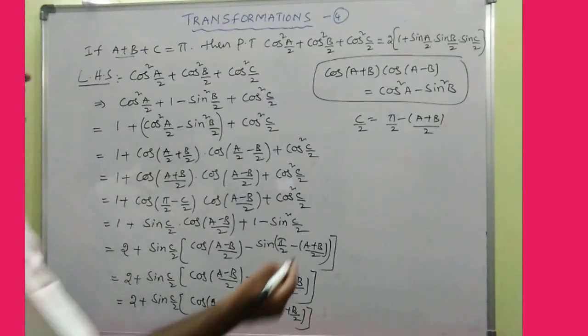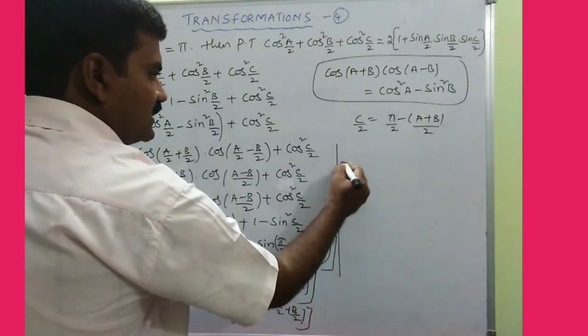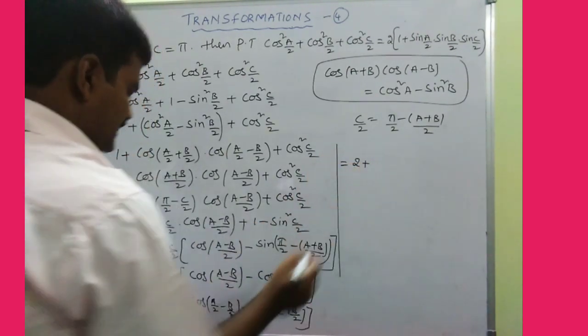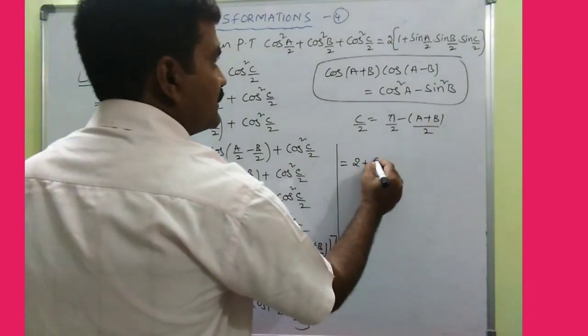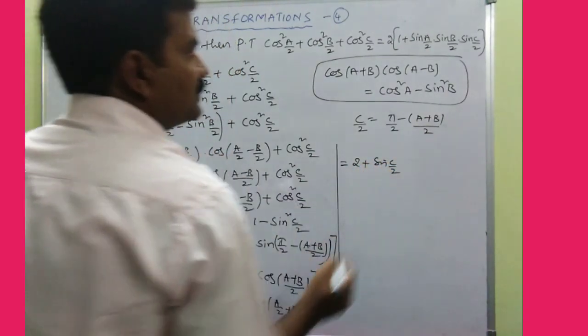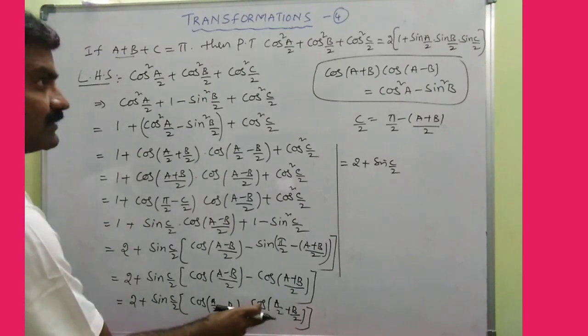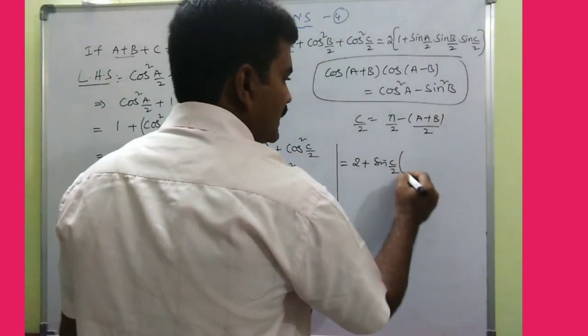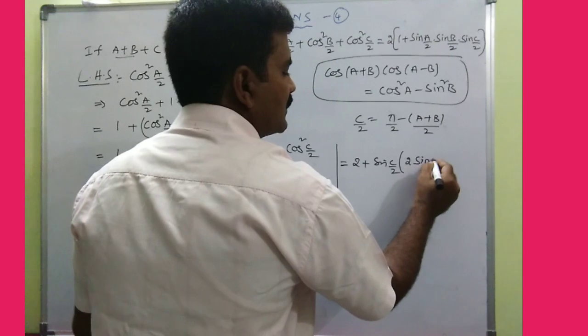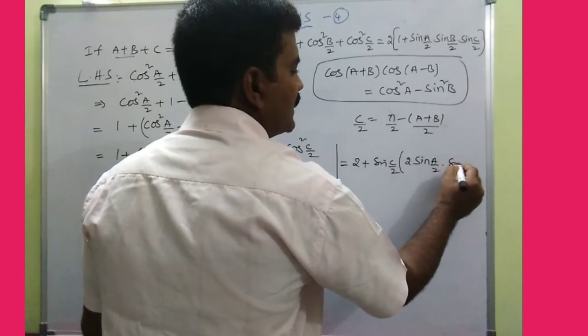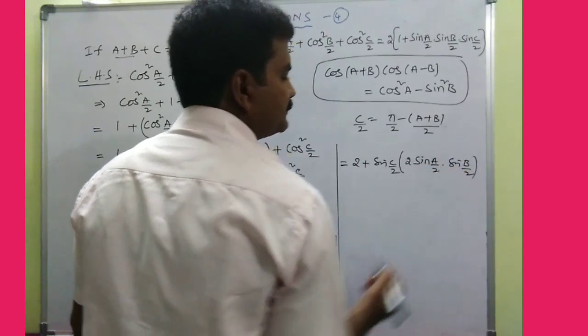This is already discussed in the last problem also. So that is equal to 2 plus sin C by 2 into, which is nothing but, 2 sin A by 2 into sin B by 2.